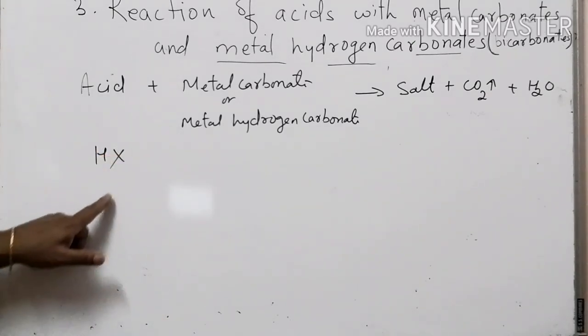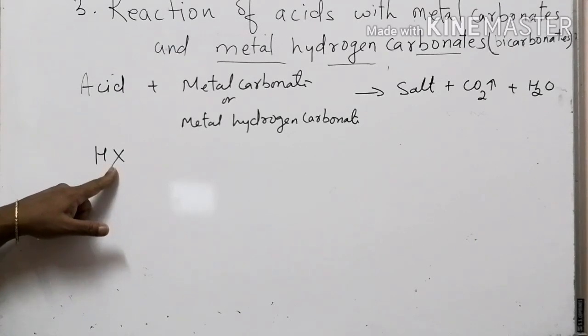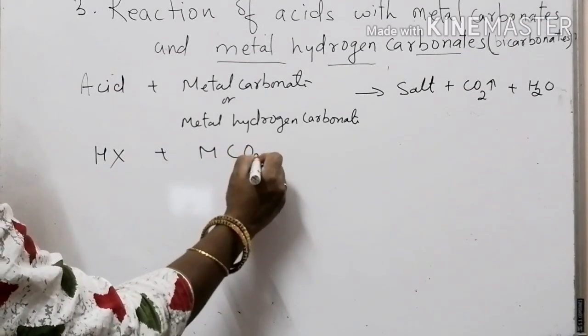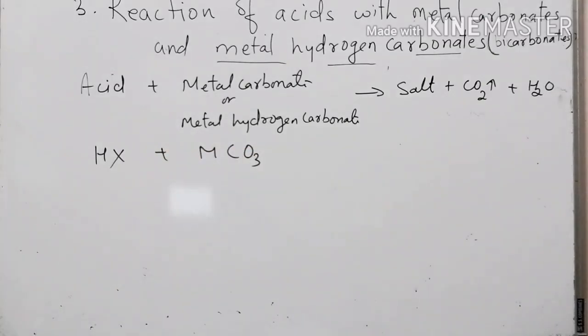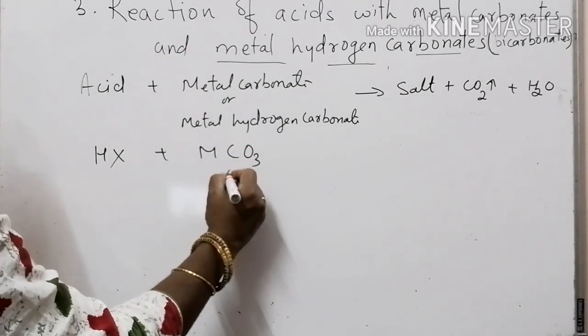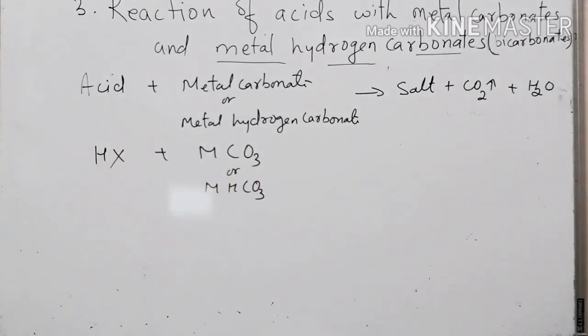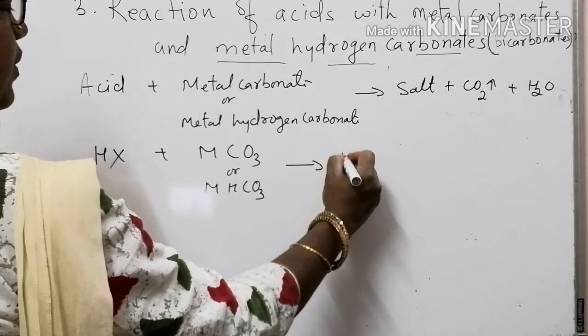HX, again X stands for any acid radical, with MCO3, where M stands for metal carbonate, or MHCO3, metal hydrogen carbonate, to form MX.